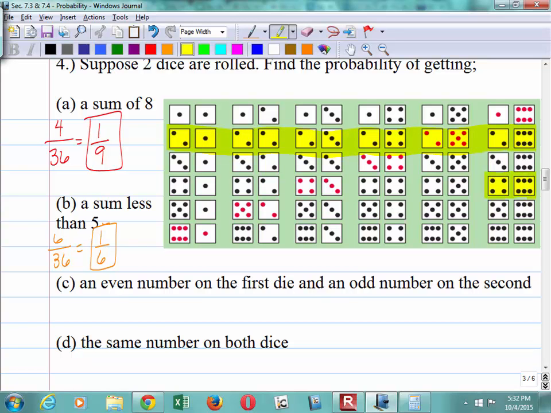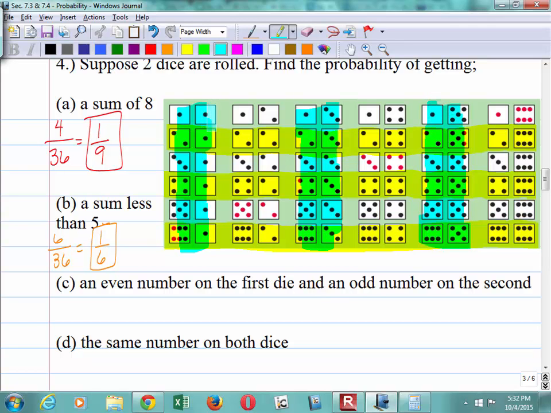These all have a 4 first. And these all have a 6 first. So those are an even number on the first die and an odd number on the second die. So it could be a 1 on the second die, or a 3 on the second die, or a 5 on the second die.